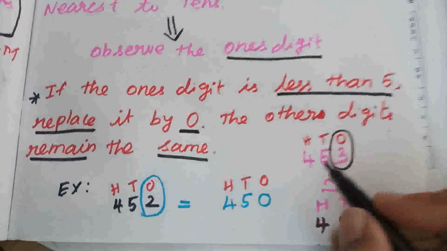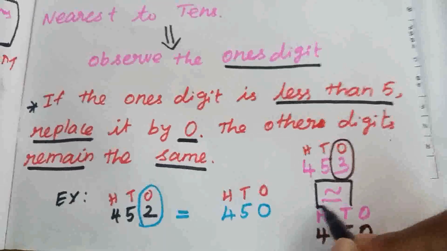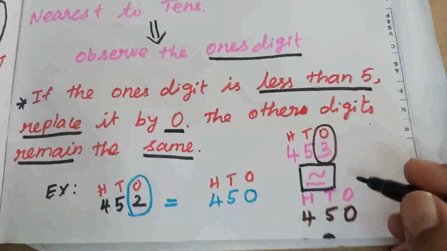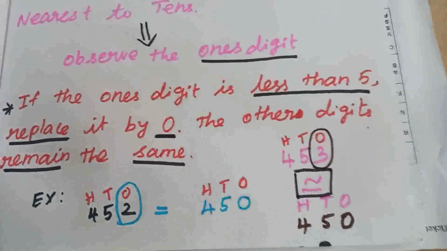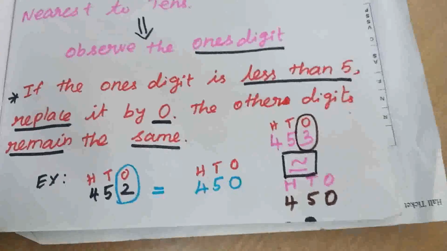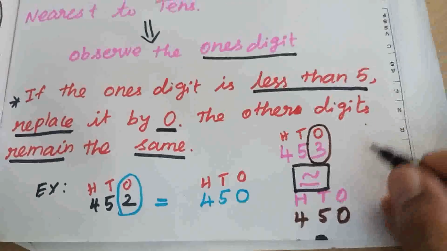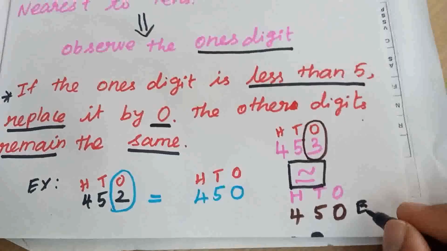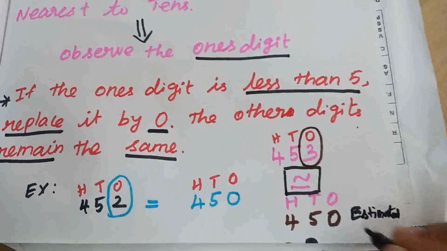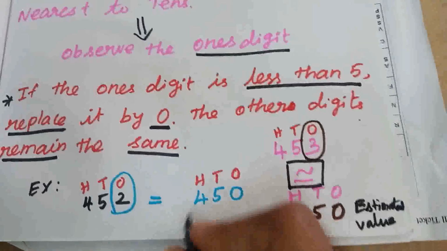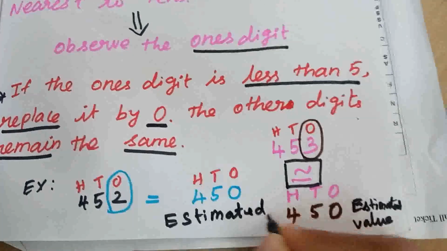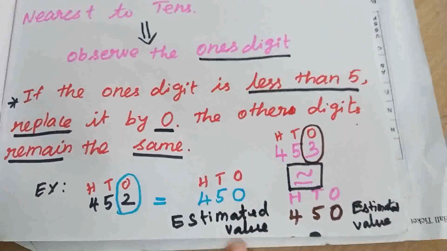So listen, here I used this symbol. This is the approximate sign. When you convert some number by rounding off, that number we call the estimated value.